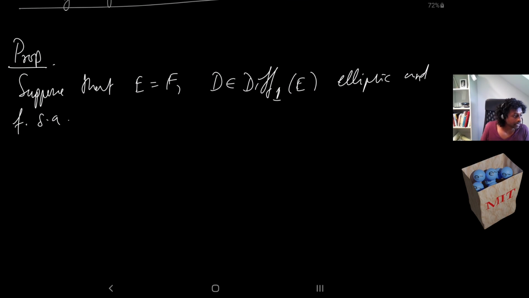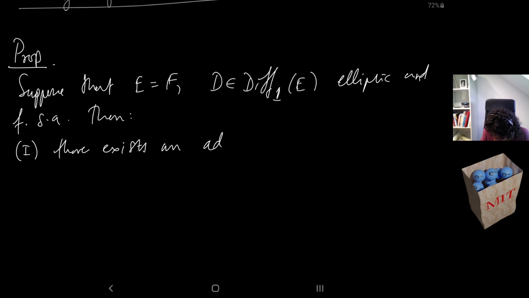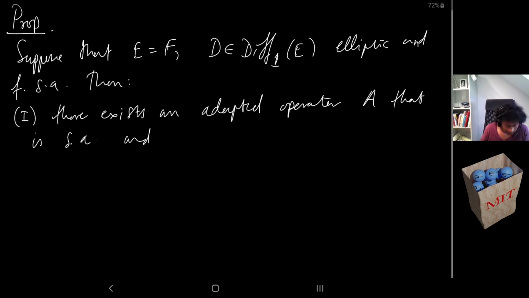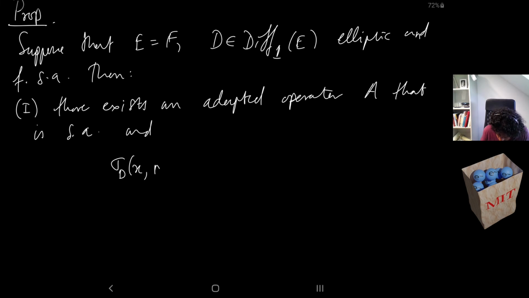Formally self-adjoint, then there exists an adapted operator A that is self-adjoint, and we have this condition here.